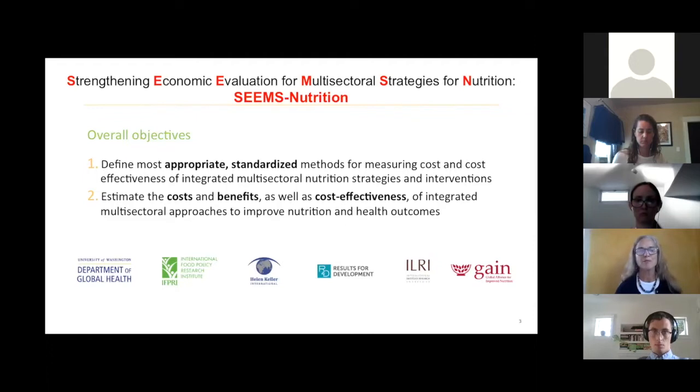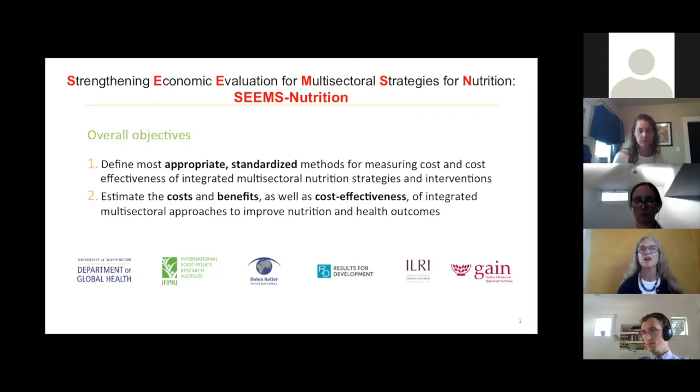This was developed in response to the issues that I described above. It builds on the ANH Academy technical brief that we launched a year ago. And it is currently a collaboration between the University of Washington, Helen Keller International, IFPRI, Results for Development, ILRI, and GAIN, with support from the Bill and Melinda Gates Foundation.